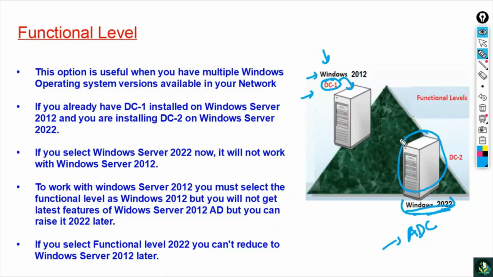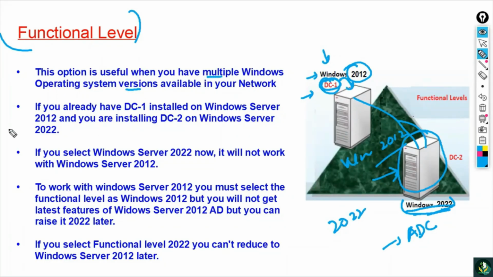So if you install this Windows Server 2022 and you want to work with Windows Server 2012, you need to select the functional level Windows Server 2012. If you select the latest version Windows Server 2022, it will not work with domain controller 1. So this option is useful when you have multiple Windows operating system versions available in your network.